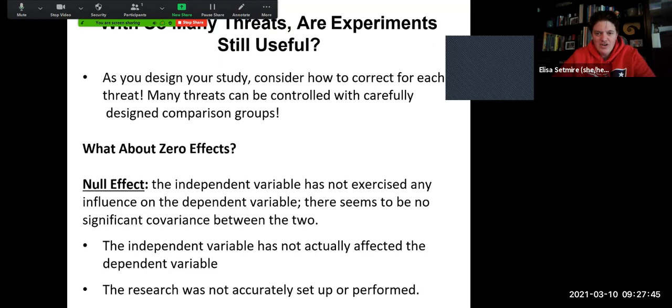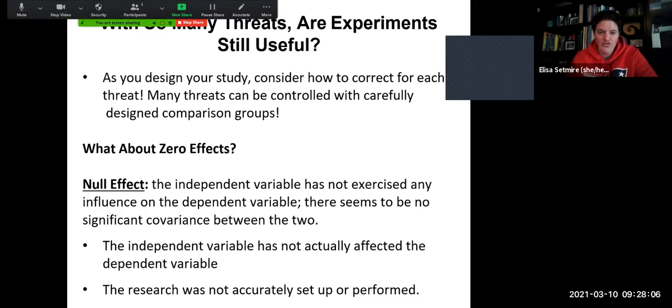So as you design your experiment, right, with all these different threats, are experiments still useful? There are a lot of different threats to internal validity. But if you consider these things when you are making an experiment, you can often control for most of them by using things like comparison groups and random assignment.